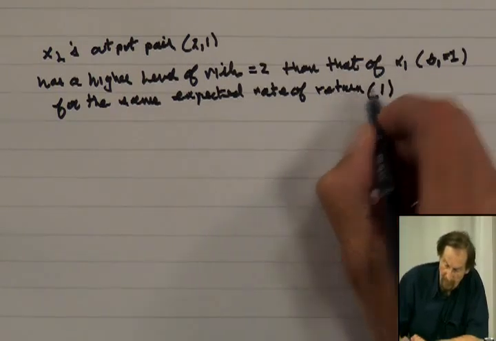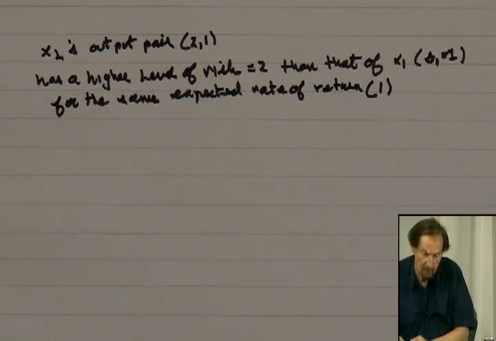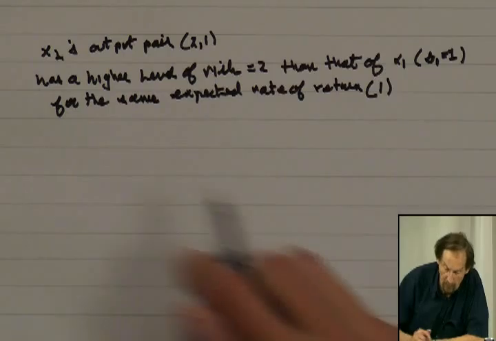And the expected rate of return is 1. So this one has more risk for the same level of expected return. Therefore, it's clearly dominated by 1, 1.